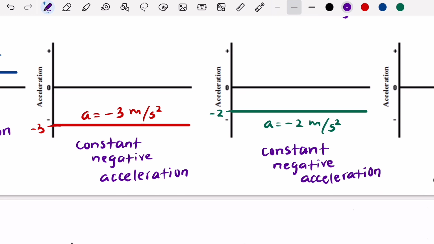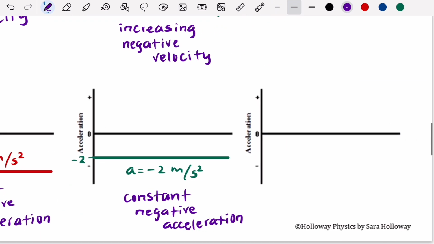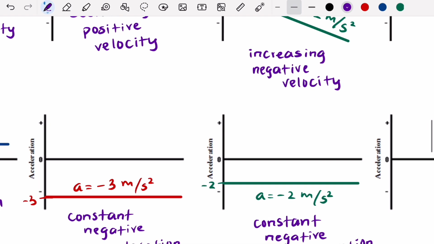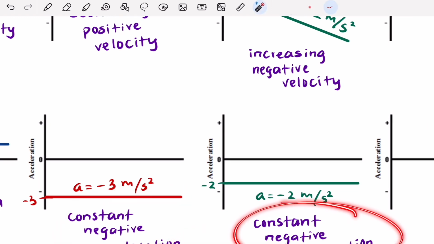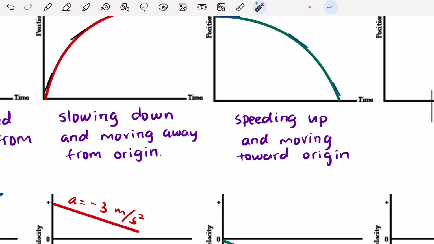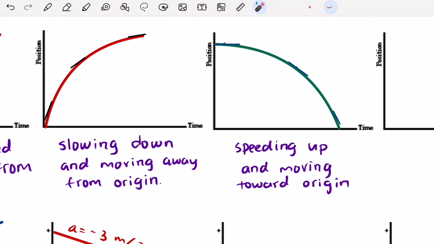I'd like to pause before we're going over the last graph. We can have two cases in which acceleration is negative. One of them is when the object is slowing down. The other one is when the object is speeding up but negatively. So direction plays a role. Again, you can have deceleration.